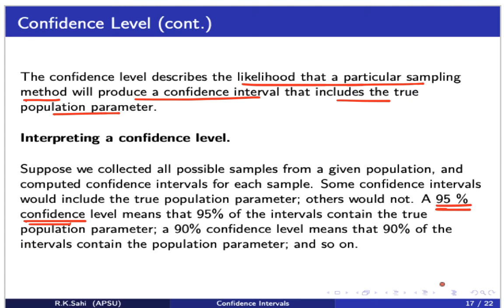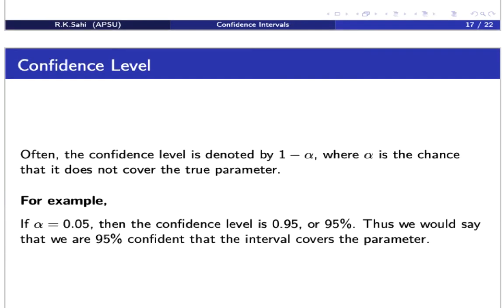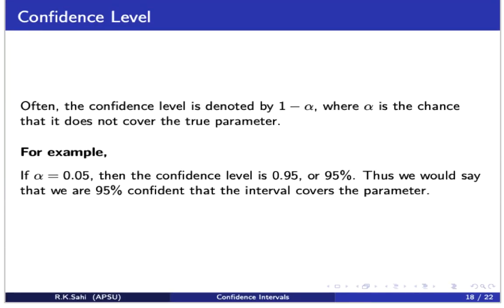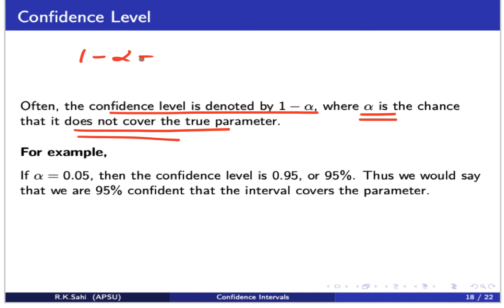Okay, how do we find the confidence level? We need some equations. First of all, the confidence level is denoted by 1 minus alpha. Now, alpha is the chance that it will not cover the true parameter, but 1 minus alpha is the chance it will cover. So if I say I'm 95% confident, that means 1 minus alpha is 95%. Now remember, if we want to solve for alpha, we will write it in decimals.